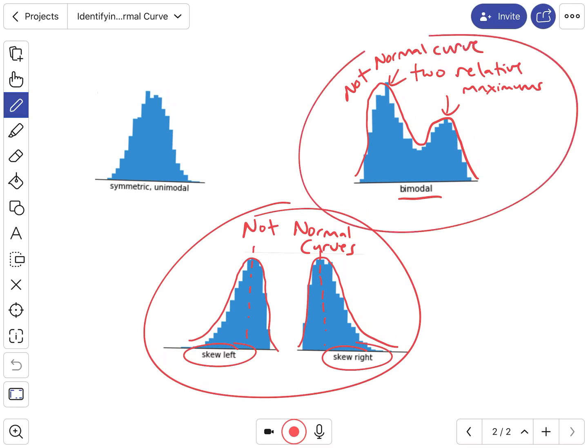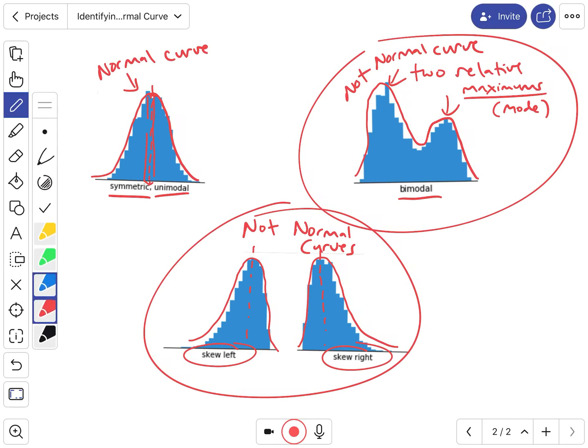But then you look at something that has symmetry. It is called unimodal because there is one mode, right down the middle. It's symmetrical and it has one major peak, whether you call it a mountain peak, maximum, or mode. This right here is a normal curve for sure.